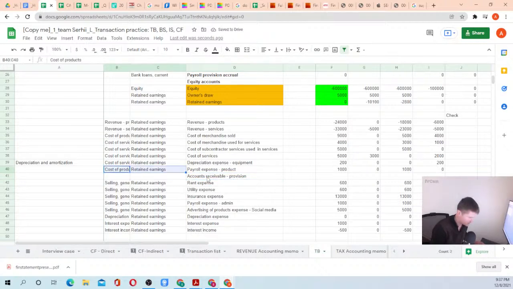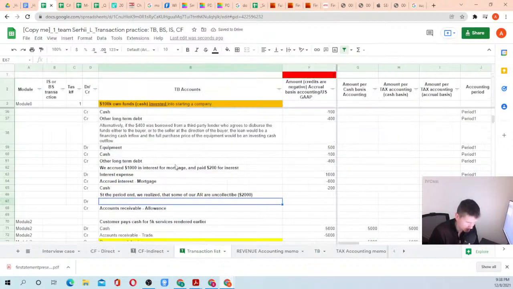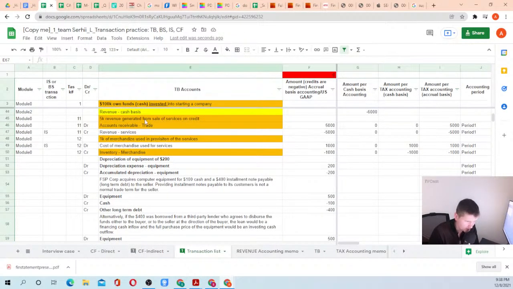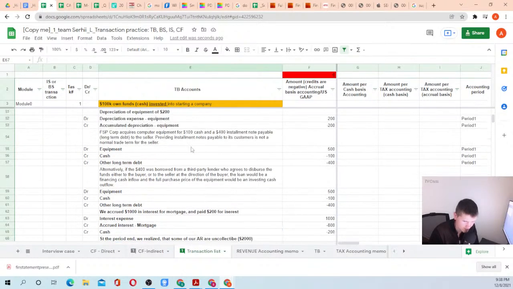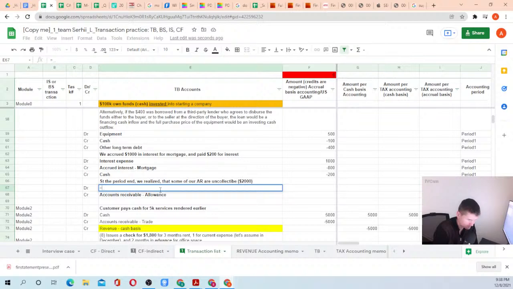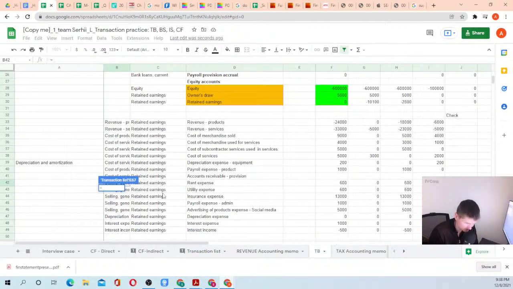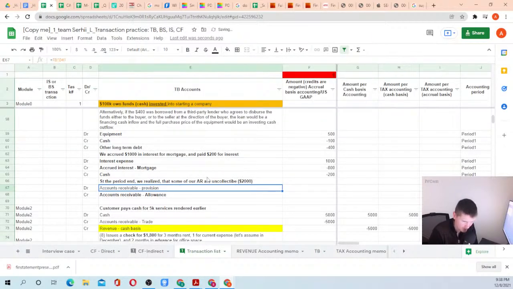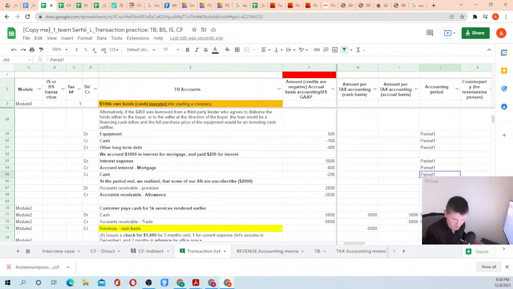Let's put it into cost of products first, or cost of services. Doesn't matter much. We sold services on credit, so here we will use accounts receivable provision expense, $2,000. Obviously we need to map it to period 1.